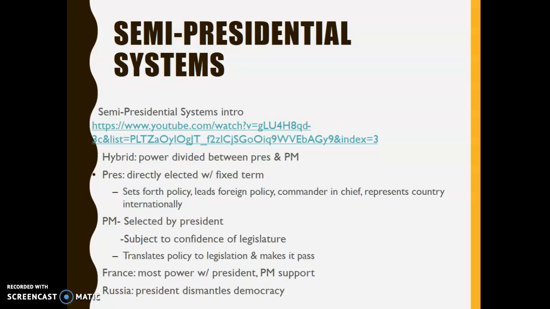In any case, obviously this could create some problems if you wind up with disagreements between a president and prime minister, but a lot of the time they're able to make it work, especially because the president tends to appoint that prime minister, so it's going to be someone who they tend to get along with.